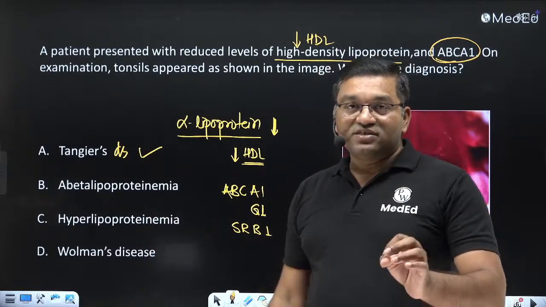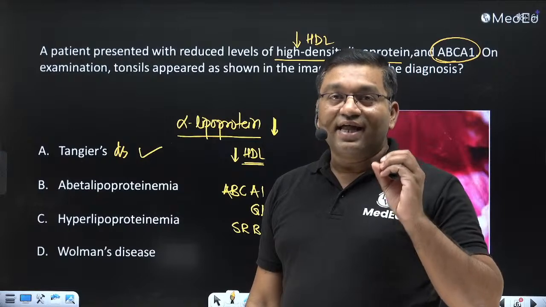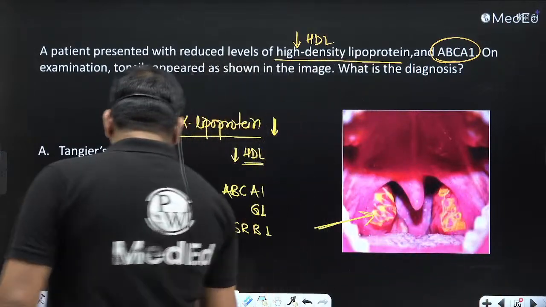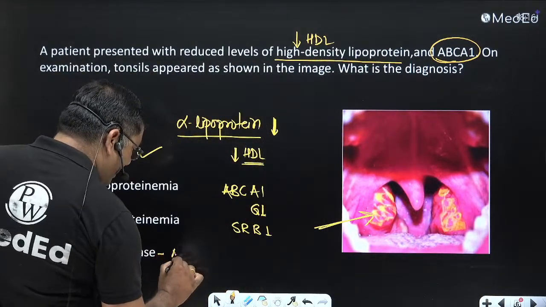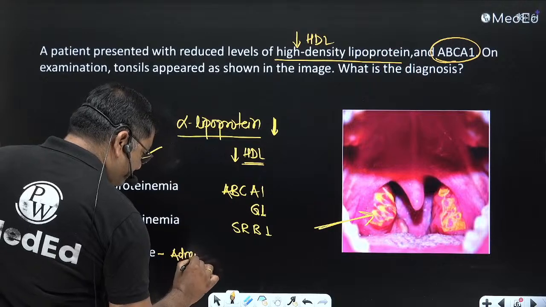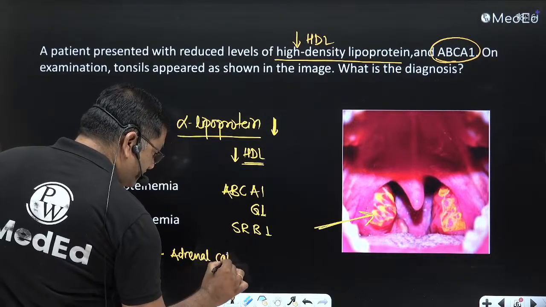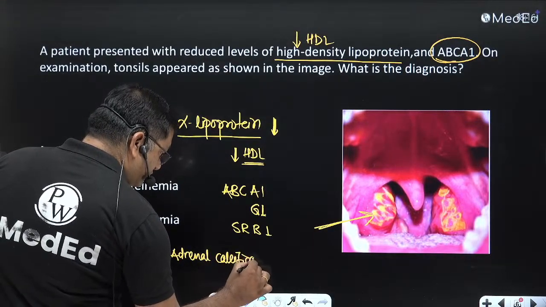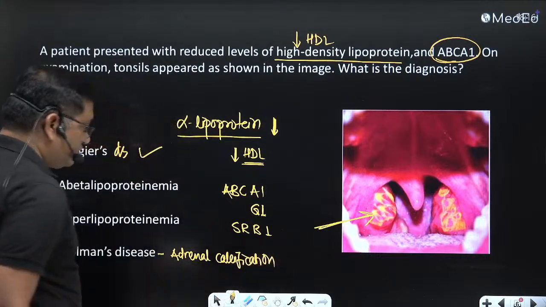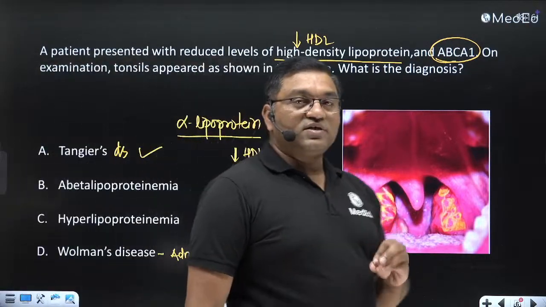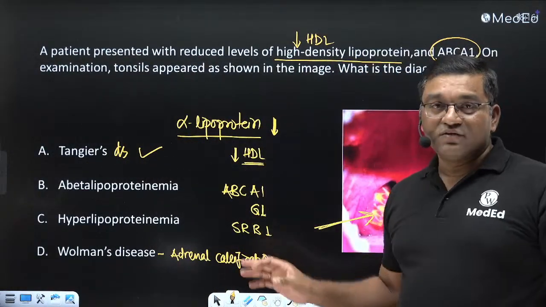In Wolman's disease, the classical feature is adrenal calcification. So these are the important features of Tangier's disease.